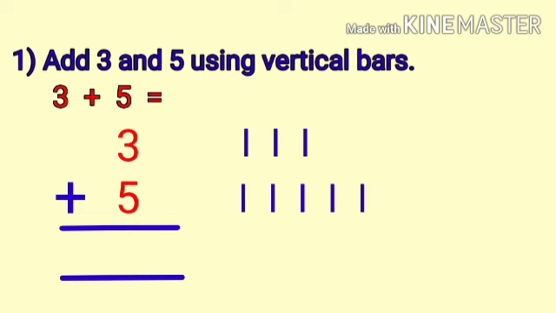Finally, we count all these bars together to get the sum of these two numbers. By counting all these bars, we get 8. So, by adding 3 and 5, we get 8.